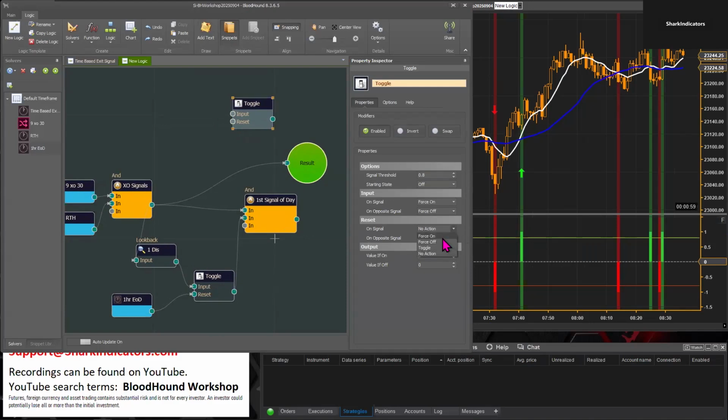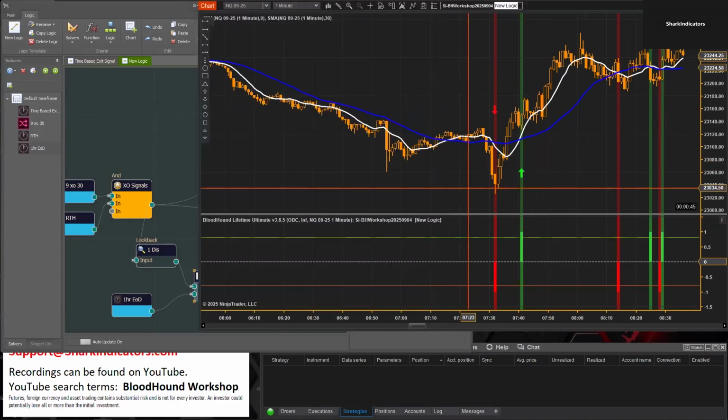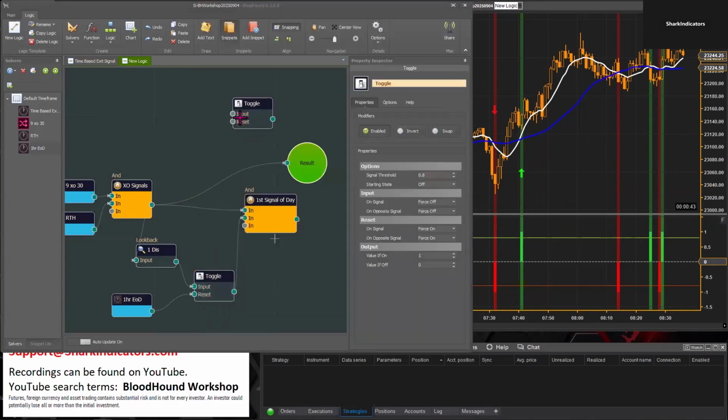We could set it up like this. As I explained earlier in this example, in order to get a signal on the first day of our chart, the toggle node needed to start in an on state. So that's pretty self-explanatory.